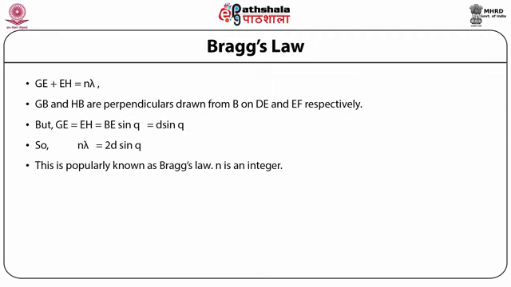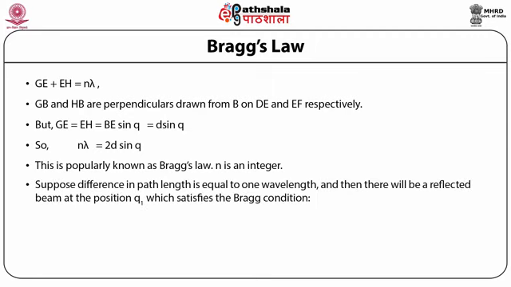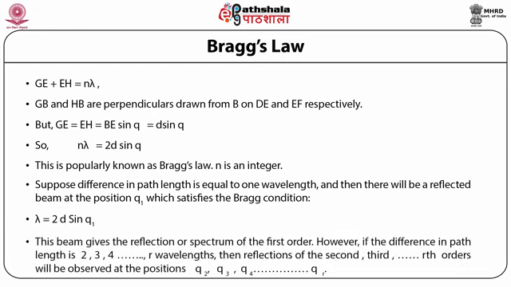n is an integer. Now suppose the difference in path length is equal to one wavelength, then there will be a reflected beam at the position theta 1 which satisfies the Bragg condition lambda equal to 2d sin theta 1. This beam gives the reflection or spectrum of the first order.